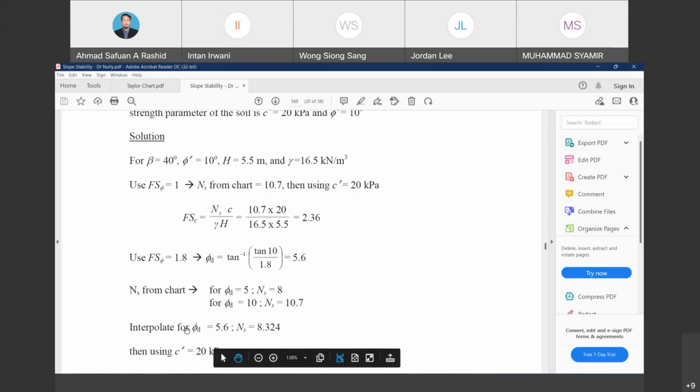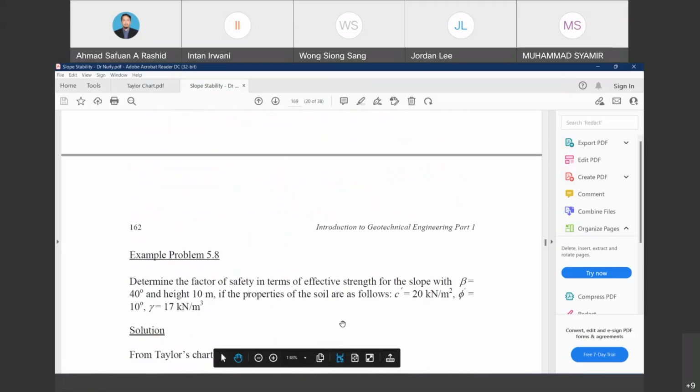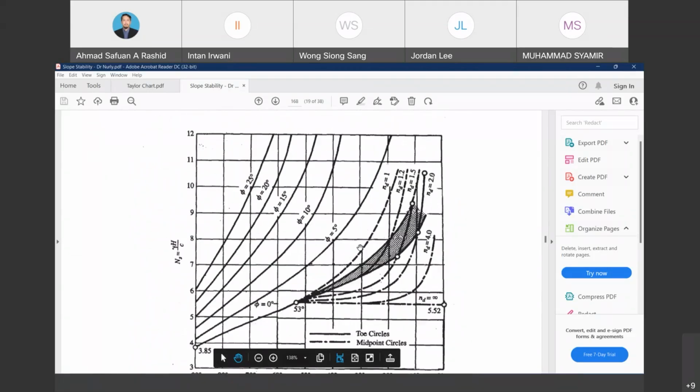From the interpolation, to determine phi d equal to 5.6, Ns is equal to 8.324.